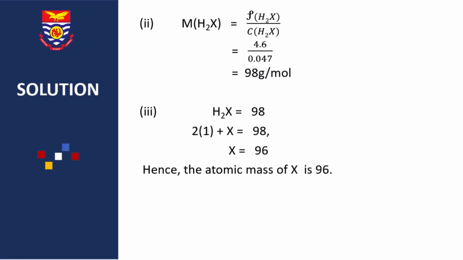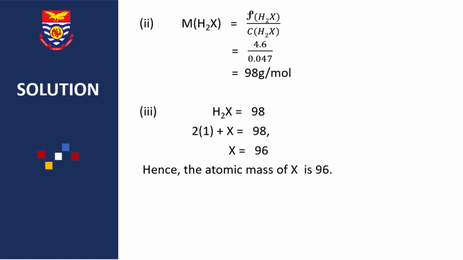Now that we know the molar mass of the dibasic acid, we can find the relative atomic mass of X. We know that in finding molar mass, we use the atomic masses. So we just have to do that calculation and equate it to 98.